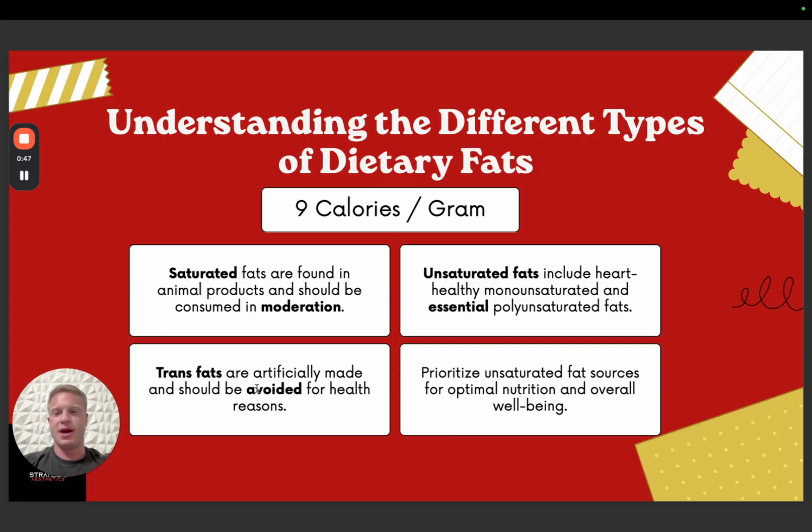And trans fats are artificially made, and these are things that we just want to avoid. So basically, we want to cut trans fats completely out of the diet, eat mainly or primarily unsaturated fats, and include some saturated fats. So in the protein lecture, we talked about utilizing lean protein sources. This is to allow more calories from your diet to come from these unsaturated fat sources and less so from the saturated.